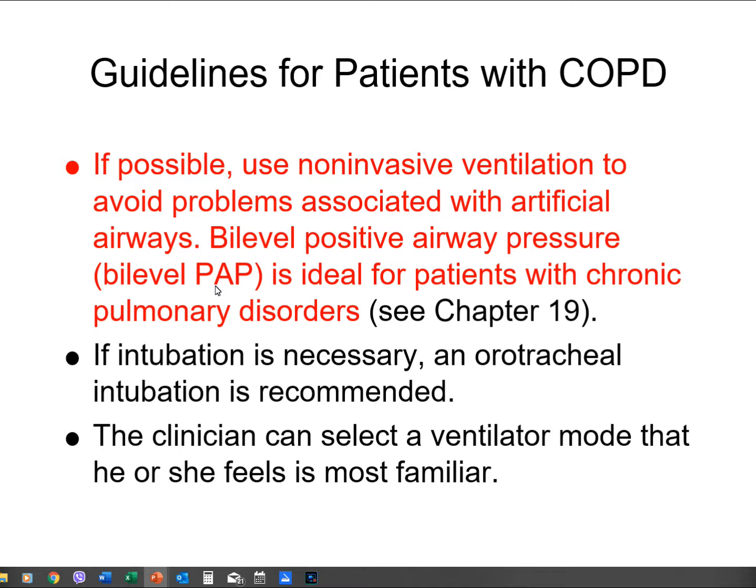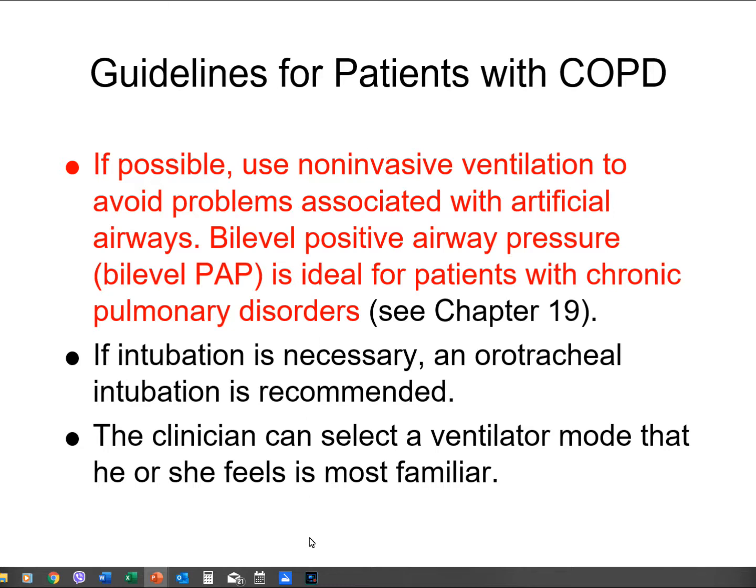We don't want to tube them because they are chronically that way, right? So we don't see any issues. We want to prevent that. We want to help that acute on chronic condition. But again, we can't fix them, so technically it's all chronic for them. We don't want to tube them, so we just want to make sure they're on bi-level.